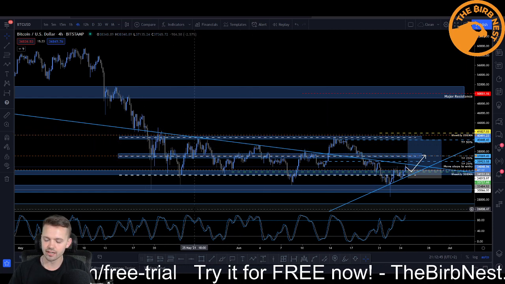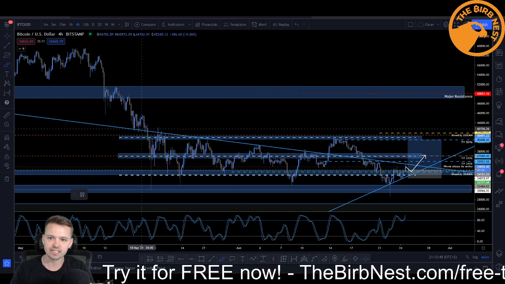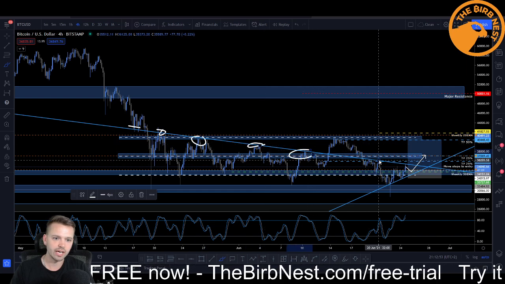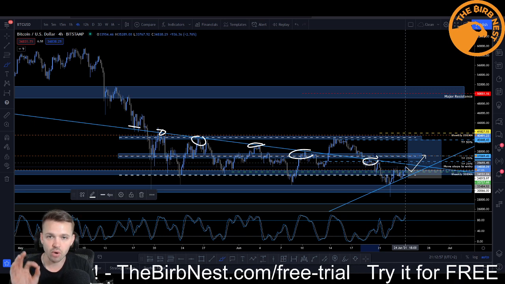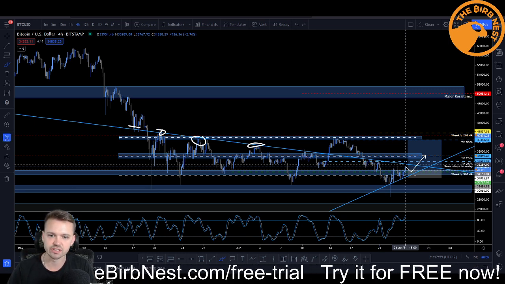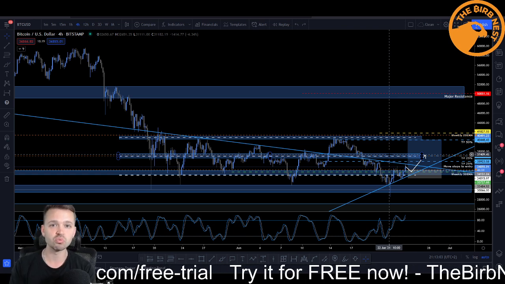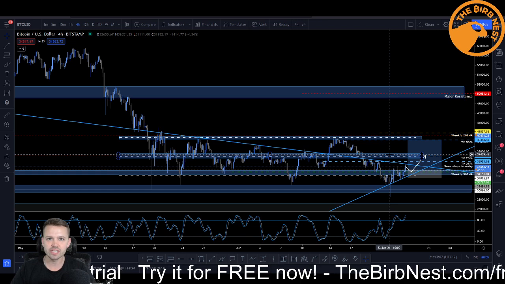I do really like that, and why I like this one is because it's testing that level right there, testing that one, this one here, and right here, and we're approaching this same trend line right now as a resistance. So what does price do when it hits resistance? Well, it's most likely going to retrace.